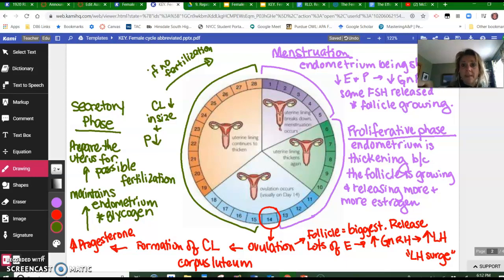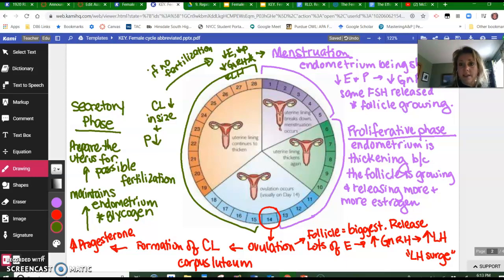So at the end of this phase, when we have very low estrogen and we have low progesterone, because that corpus luteum has now become the corpus albicans, and when we have low GnRH and LH is low as well, then that's when the endometrial lining is going to be shed again during menstruation.